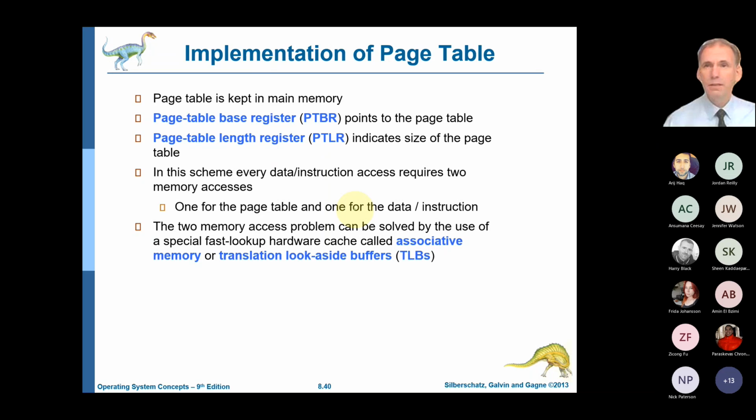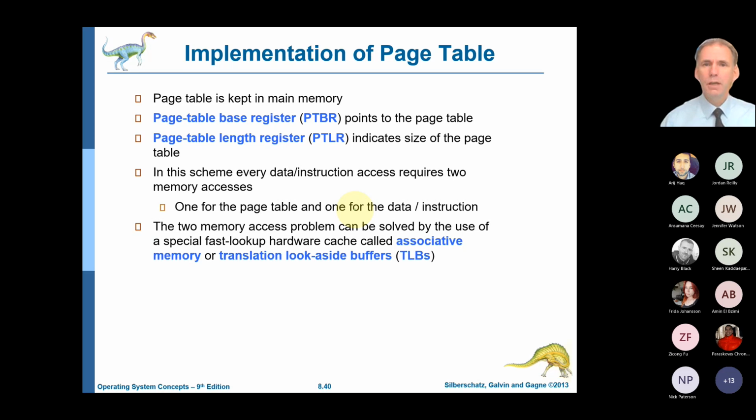One to access the page table to figure out where we are, and then one to get the actual data. In essence, we're doubling the time taken to access memory. I don't think I need to put up a poll to see whether that's a good thing or a bad thing.